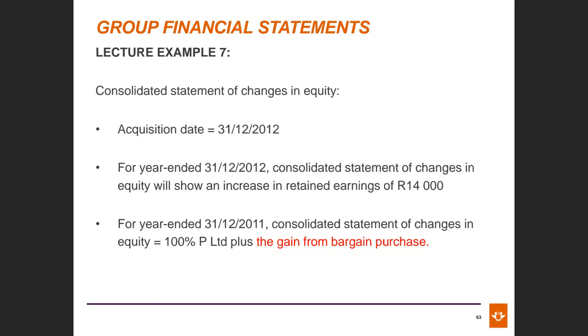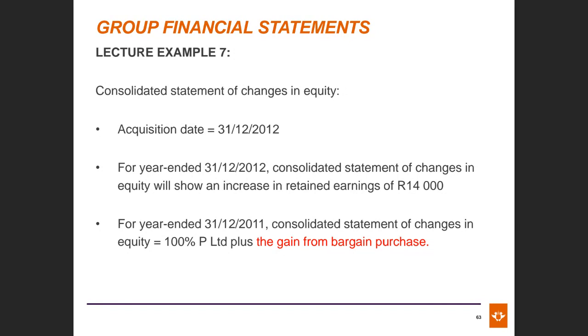For the year ended 31 December 2011, the consolidated statement of changes in equity will equal 100% P Limited plus the gain from bargain purchase. The acquisition date was the 31st of December 2012, so if we look at the consolidated statement of changes in equity before that date, it will only consist of P Limited plus the gain from bargain purchase.